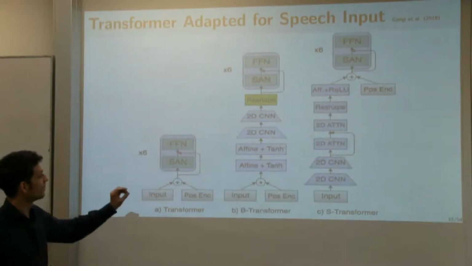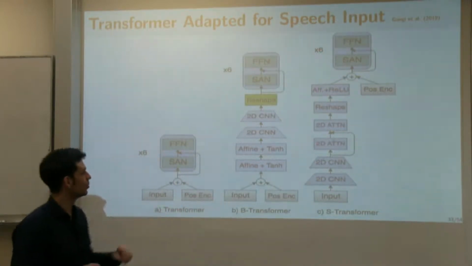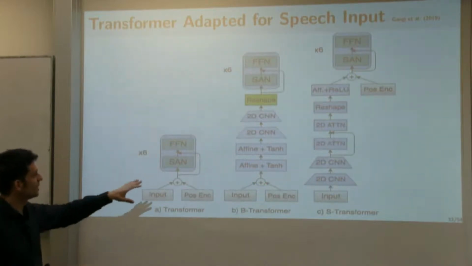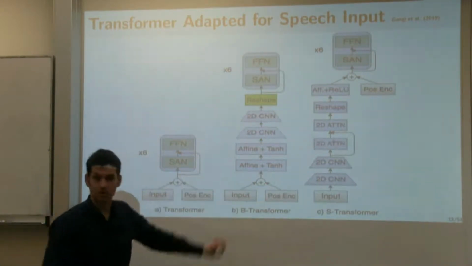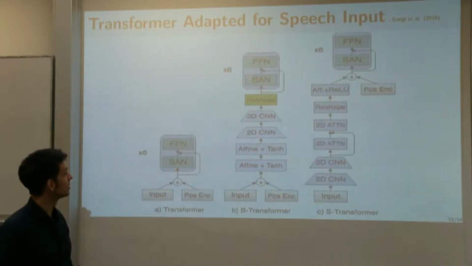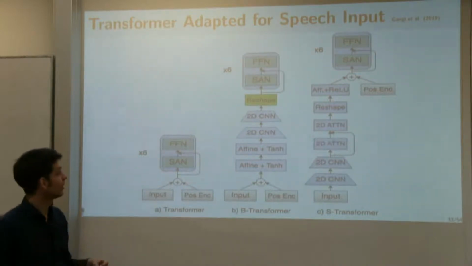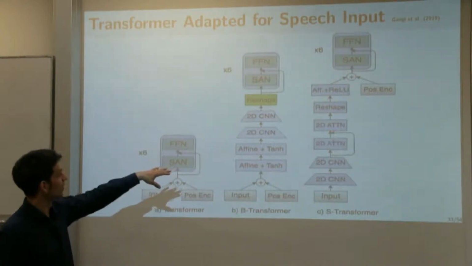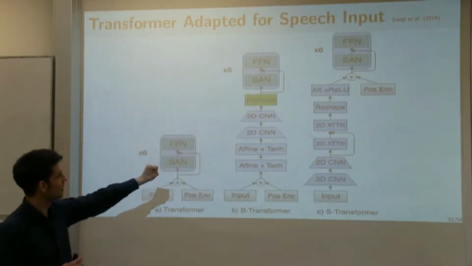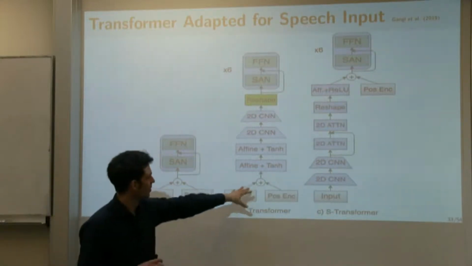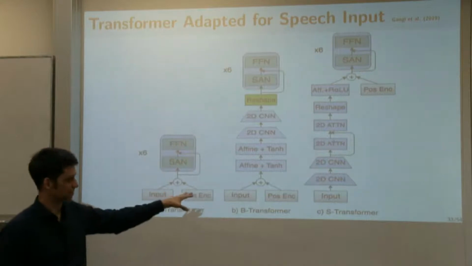And they have modified that architecture in 2 ways. In one way, similar to the Berard experiments, they have added the linear transformations, 2 layers of the transformation on the same combined input.